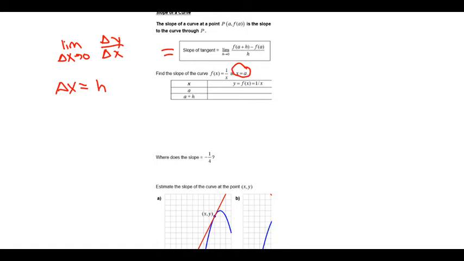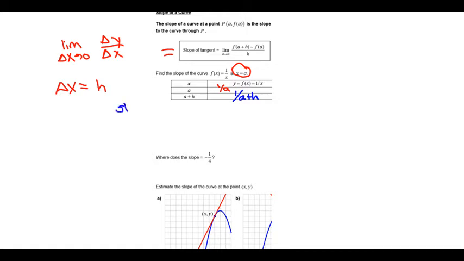So when we substitute a into our function, we get 1 over a. We can't simplify anymore. When we substitute a plus h into our function, we get 1 over a plus h. Again, we cannot simplify any further. So, reminder that our first step is to find the average rate of change.